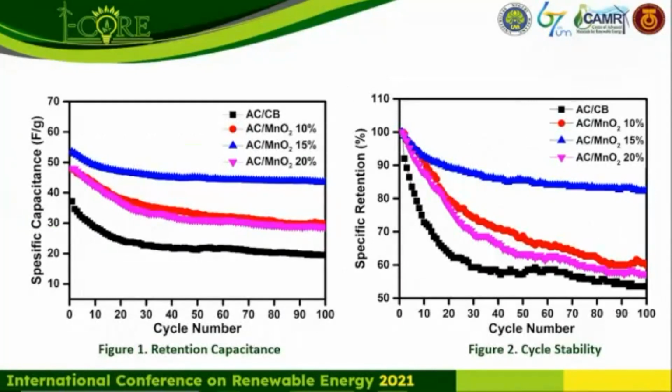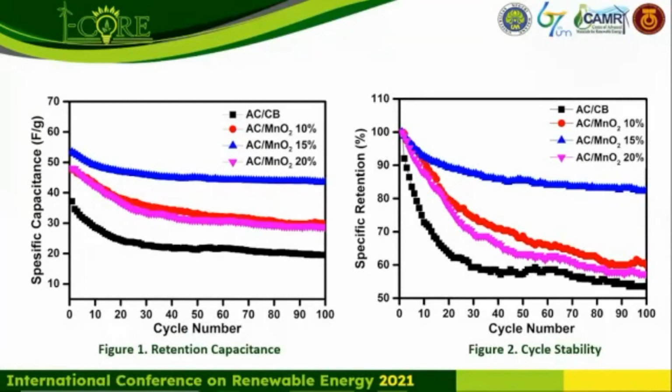The highest capacitance retention was in the 15% AC/MnO2 supercapacitor electrode, which decreased capacitance by 9.41 farad per gram, as shown in figure 1. This good capacitance retention had an impact on the life cycle of the supercapacitor, where the 15% AC/MnO2 electrode could last up to 82.23% after 100 test cycles.